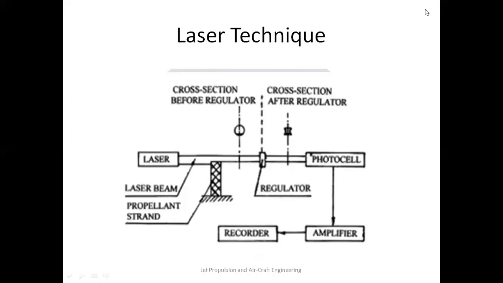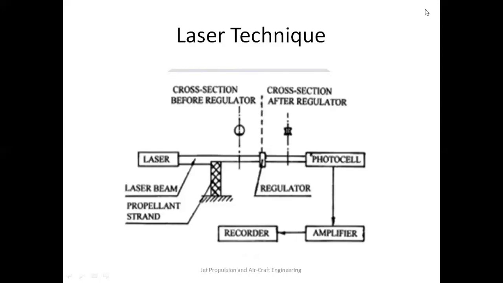Let's go through the next technique, which is the laser technique. In this method, a laser is used as a light source which is projected across the propellant's top surface and focused on a photocell through a regulator. This is a kind of visual technique.